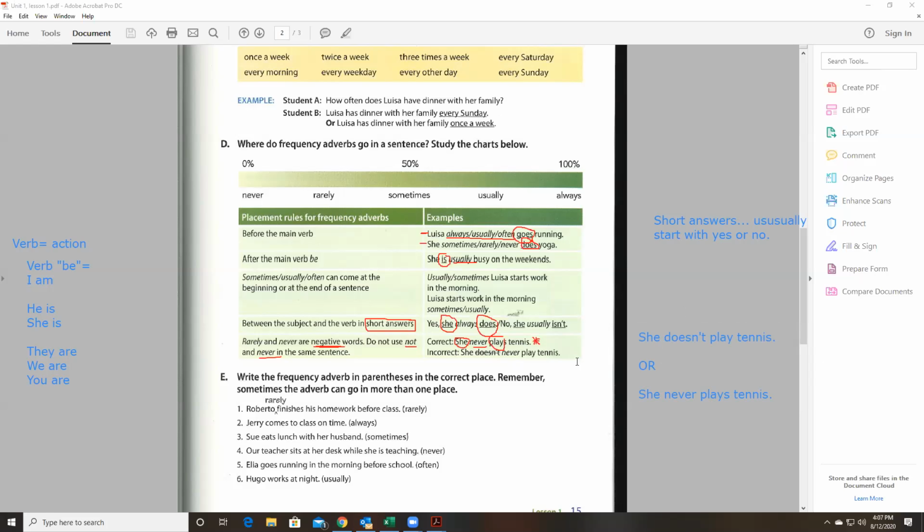All right. So let's look at number 1. It says Roberto rarely finishes his homework before class. I am actually going to give you a couple of minutes, like on the clock. So it's 4:07.